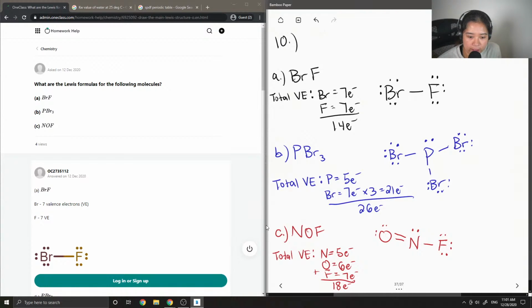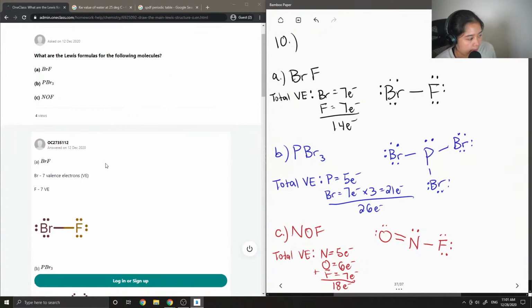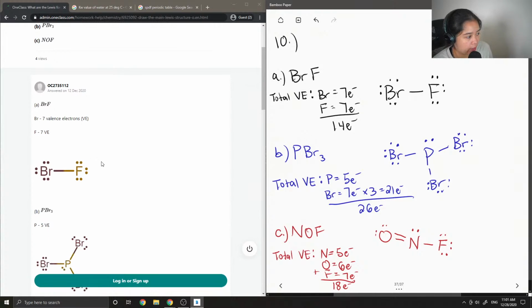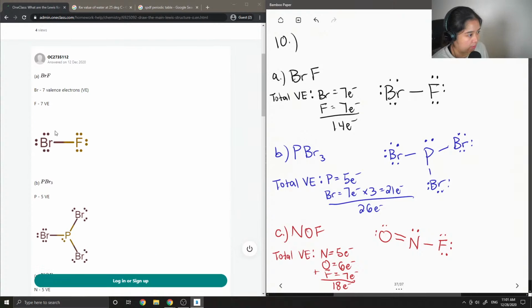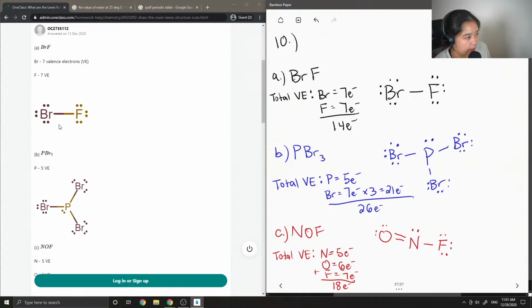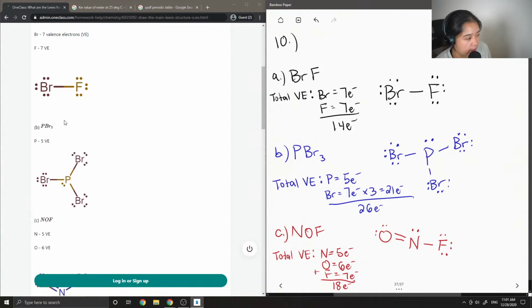So now let's count it out to see if we have 18. So we have 4, 6, 7, 8, 9, 10, 11, 12, 14, 15, 16, 17, 18. So that is the Lewis structure for NOF. And the junior tutor said, the bromine and the fluorine would just have a single bond.